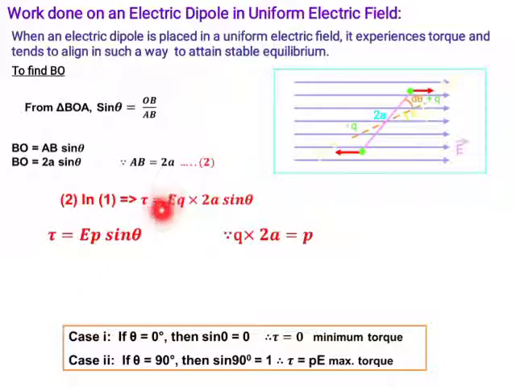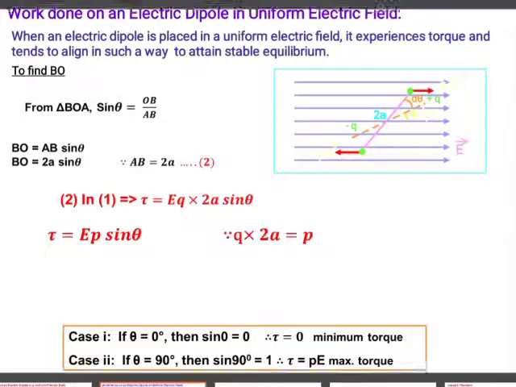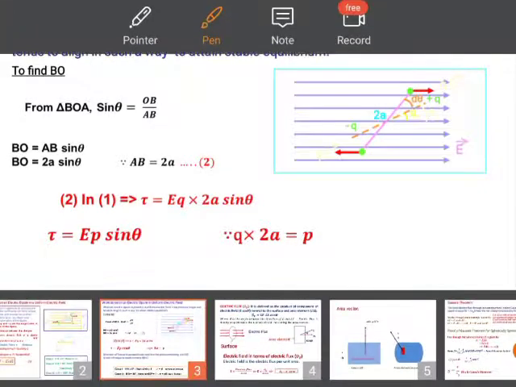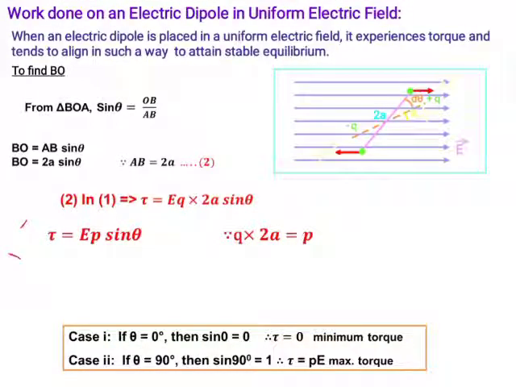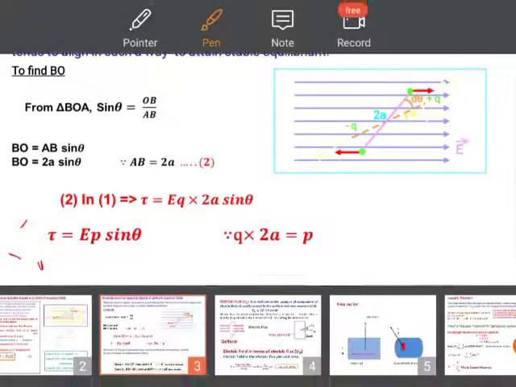E as it is, sin theta as it is, but why is this P? Because we studied the dipole moment. E into 2A, or rather Q into 2A, is equal to P, that is the dipole moment. If we substitute this dipole moment value here, then tau is equal to EP sin theta. This is the final expression for the torque. Therefore, tau is equal to EP sin theta.